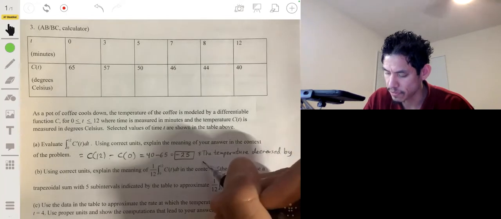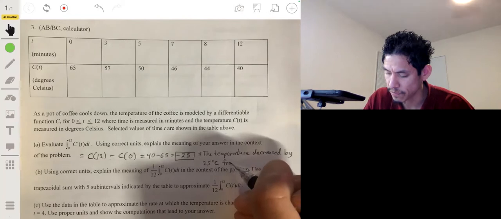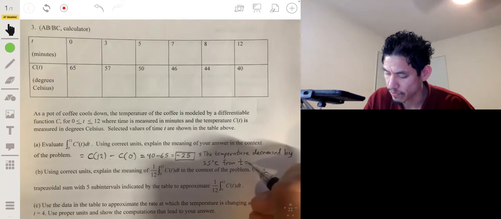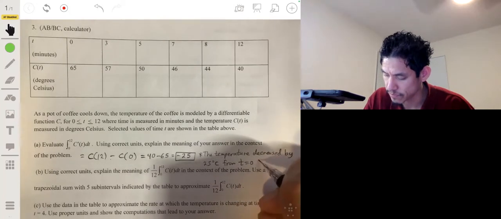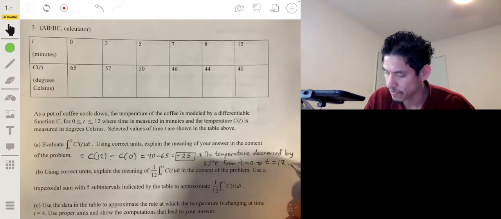Temperature decreased by 25 degrees Celsius. T equals 0. T equals 12.